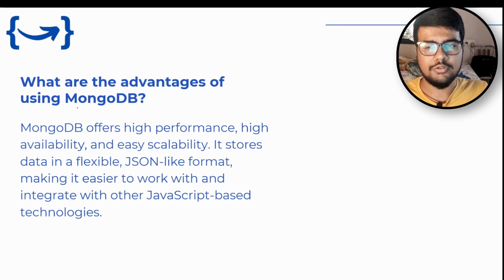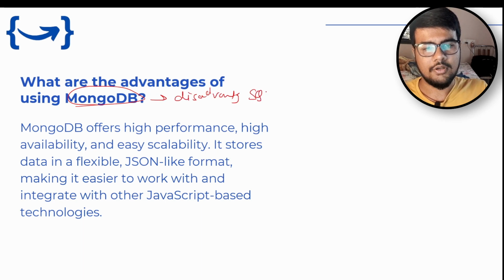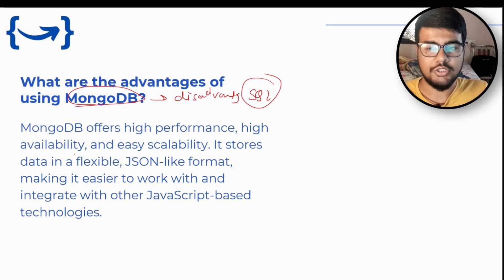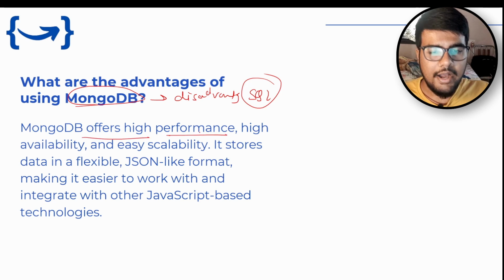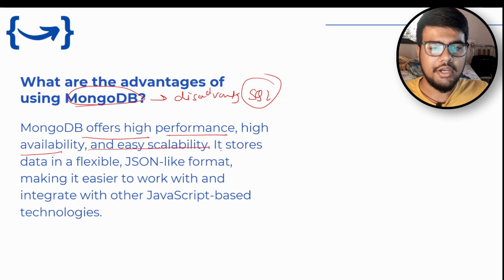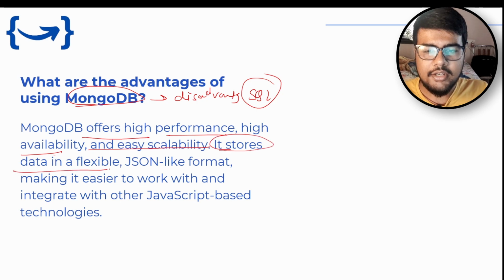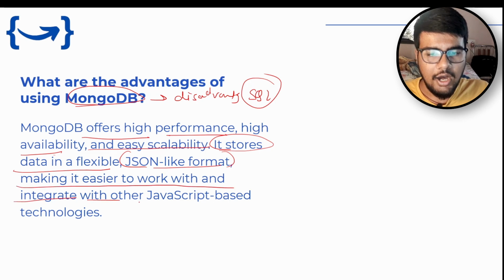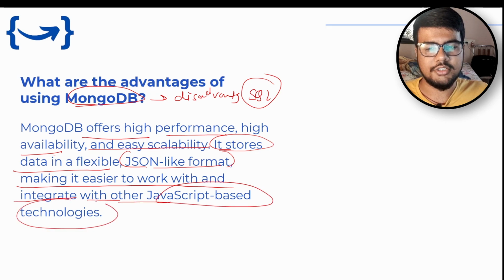What are the advantages of using MongoDB, and what is the disadvantage in your project if you use SQL? Okay, so this should be the follow-up question. MongoDB offers higher performance, high availability, and easy scalability. It stores data in a flexible JSON-like format, making it easier to work with and integrate with other JavaScript-based technologies.